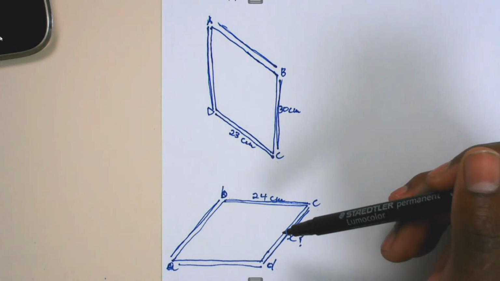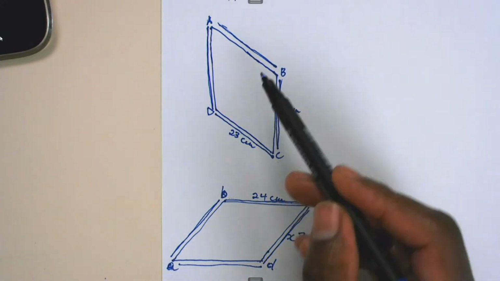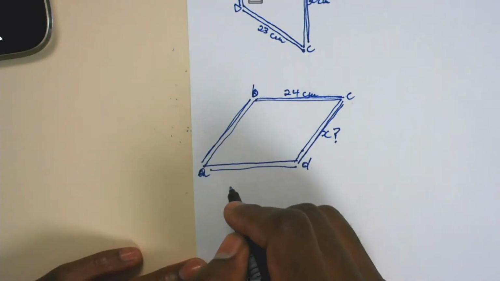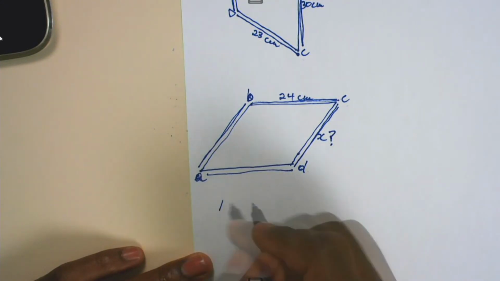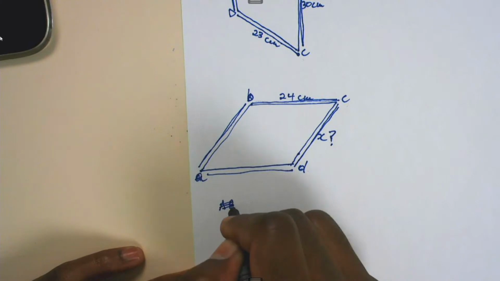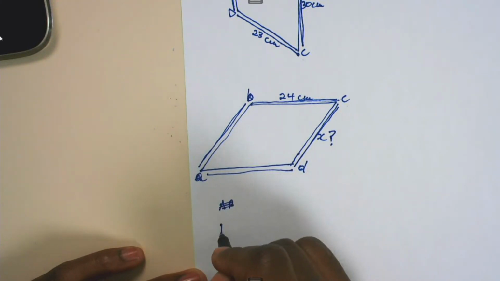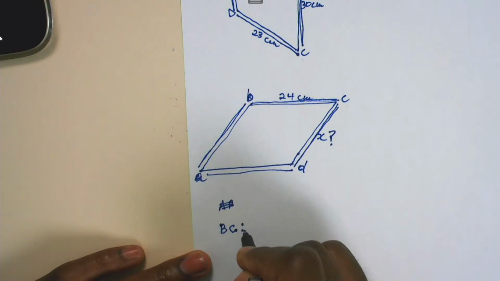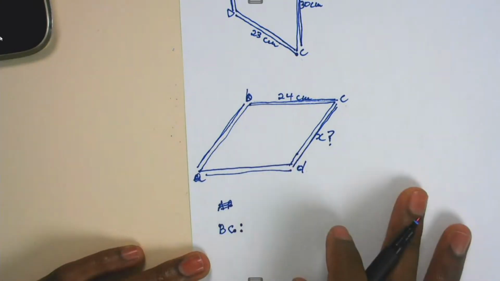So I'm going to start with the ones that I'm given. Capital side BC is 2, because those are the two corresponding sides.